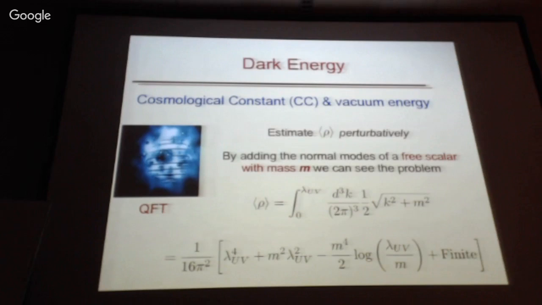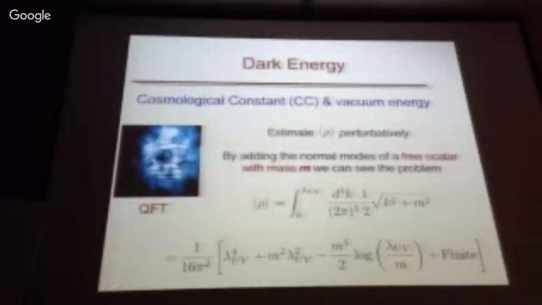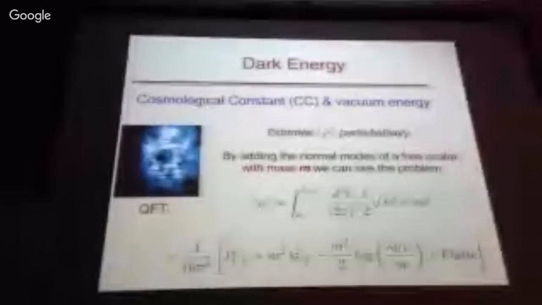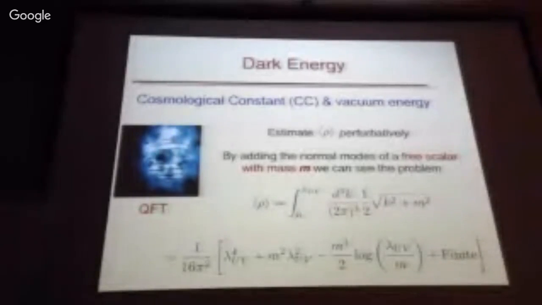Well, we can estimate it perturbatively. Let's just imagine that in the vacuum there are harmonic oscillators, because the only thing we know how to do in physics is harmonic oscillators. Let's assume free particles. So I'm summing free particles from zero energy to a given energy where my theory is valid. I'm just putting in the energy of a harmonic oscillator.